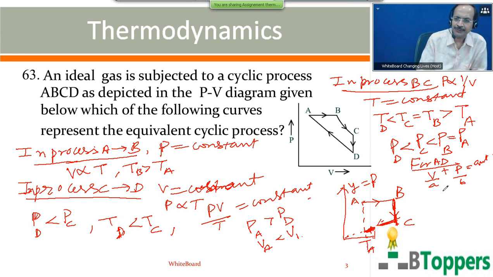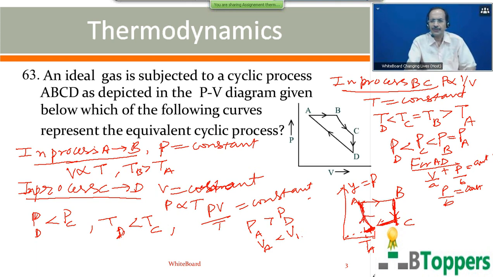So when volume is decreasing in the process D to A, pressure must be increasing. So pressure at A must be, you can observe, more than the pressure at D. So you get some curve like this. You see the options given there.